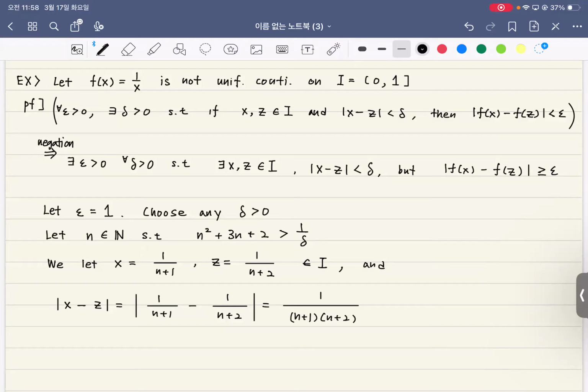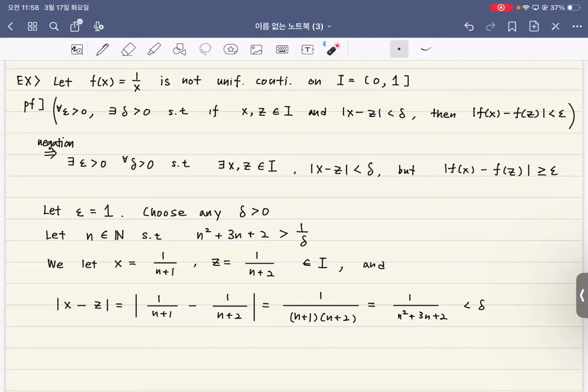Everything is positive, so I'm good. Expanding this, the denominator is n squared plus 3n plus 2, and this is less than delta.